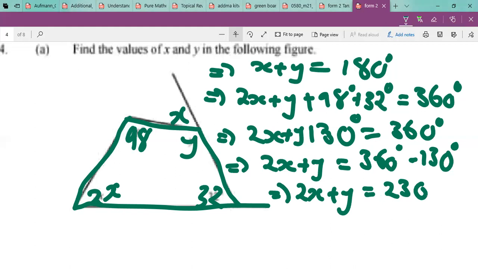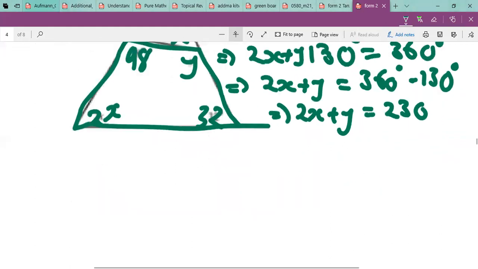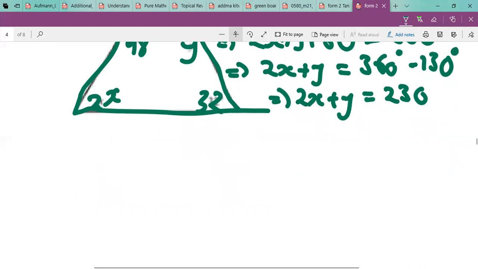Now we have two equations that we have created.